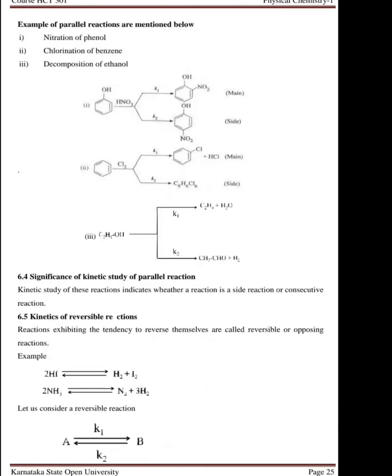That is the rate reaction. And in the next step, these are the examples we are given: nitration of phenol, decomposition of ethanol, chlorination. These are the examples for parallel reaction.